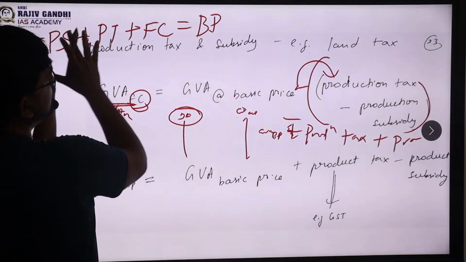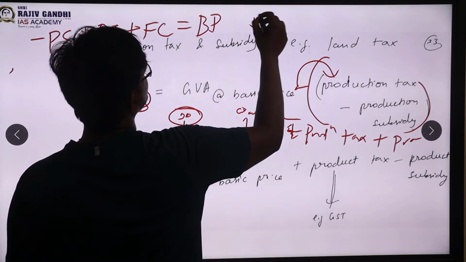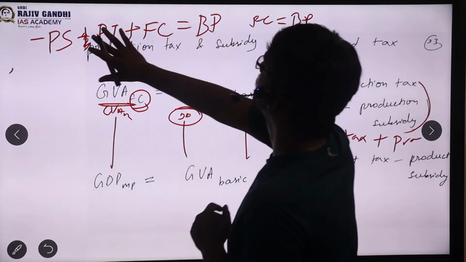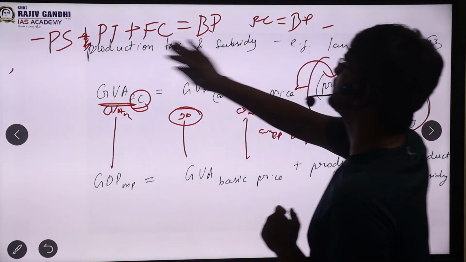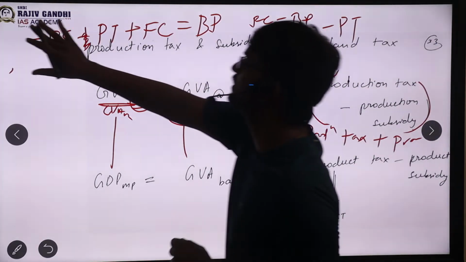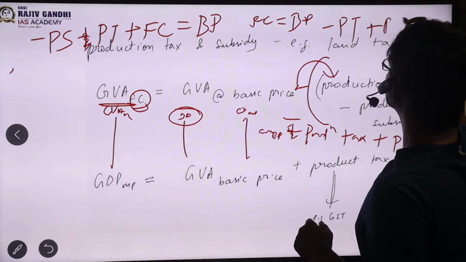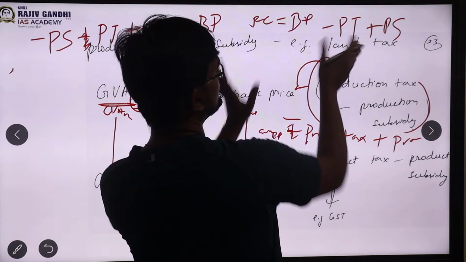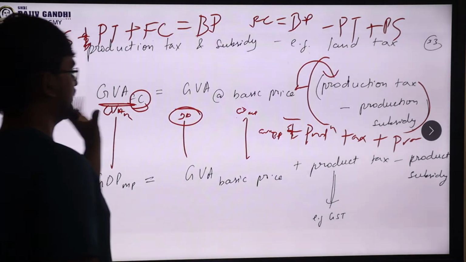When this thing essentially shifts to the right, what will happen? Factor cost is equal to basic price, my plus production tax will become minus production tax, my minus production subsidy will become plus production subsidy. So that is what I've written. So if you multiply that minus into the bracket, you'll get this formula. So that is the GVA at factor cost.